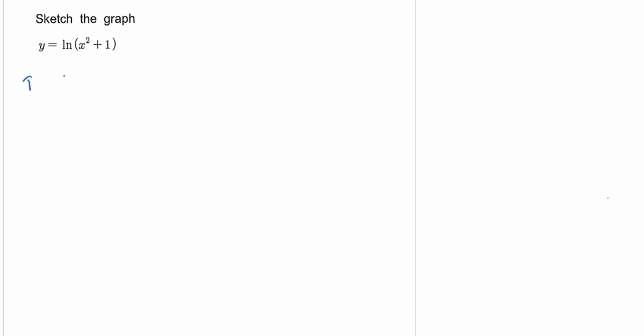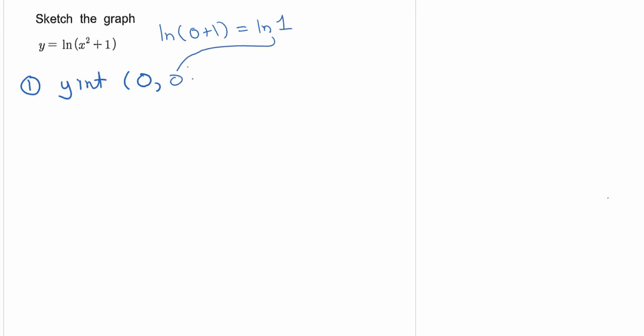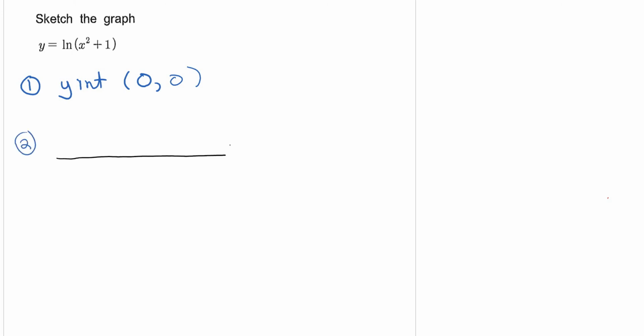So for this particular problem, I would start off by finding the y-intercept, and that happens when x equals 0. And if I plug that in, if I have ln of 0 plus 1, that's the same thing as ln 1, and ln 1 equals 0. So my y-intercept for this particular problem is 0, 0. And then for the second part, I will give you the results from the first derivative test.